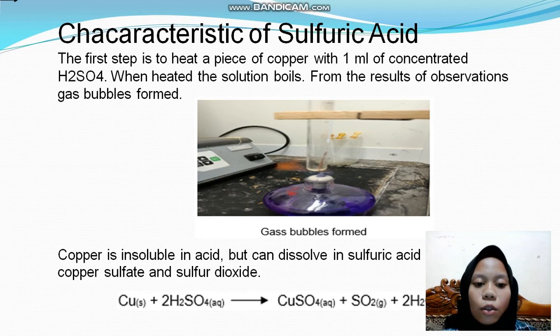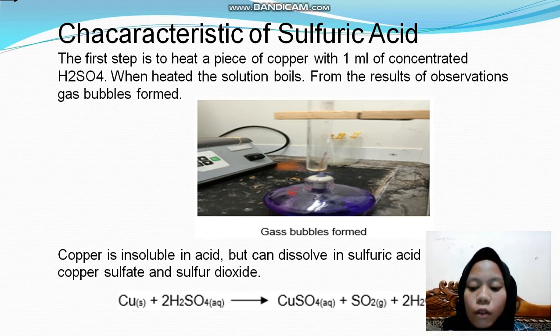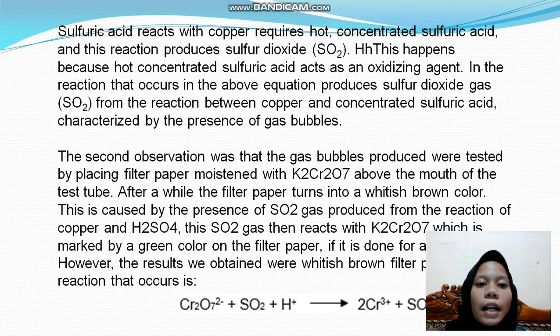Copper is insoluble in acid, but can dissolve in sulfuric acid to form copper sulfate and sulfur dioxide. Dissolving copper requires hot, concentrated sulfuric acid, and this reaction produces sulfur dioxide. This happens because hot concentrated sulfuric acid acts as an oxidizing agent.